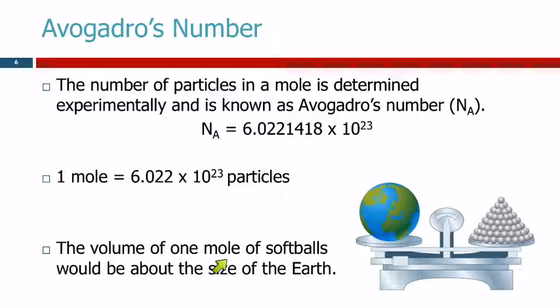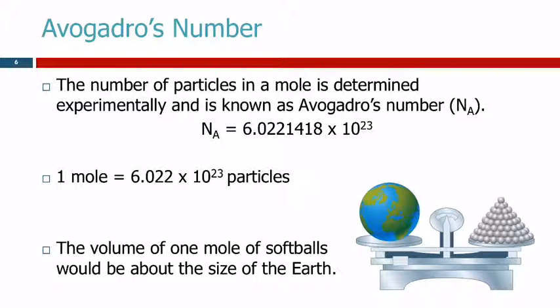That many softballs, the volume of that would be about the size of the planet Earth. You know how big a softball is? It's a little bigger than your fist. That's a big number. It's a really, really, really big number. It's a mind-bogglingly big number.